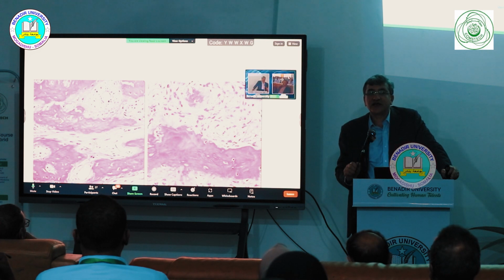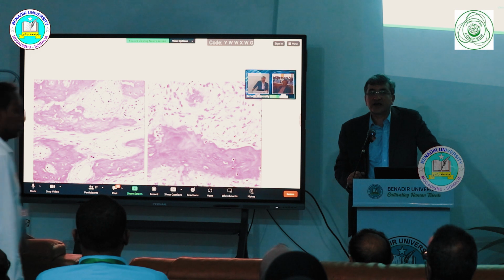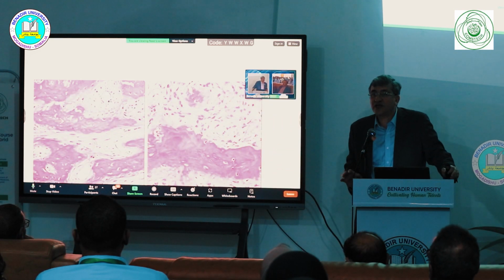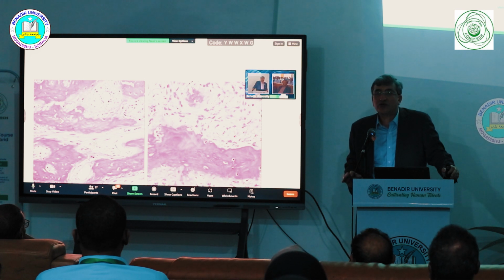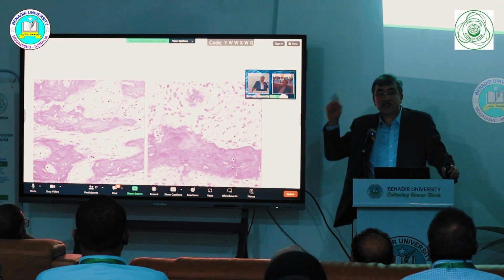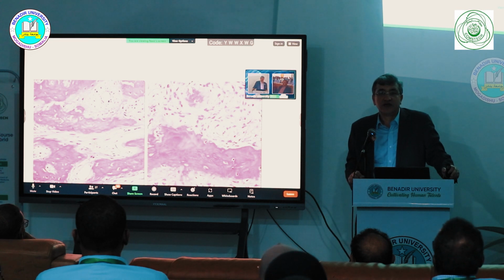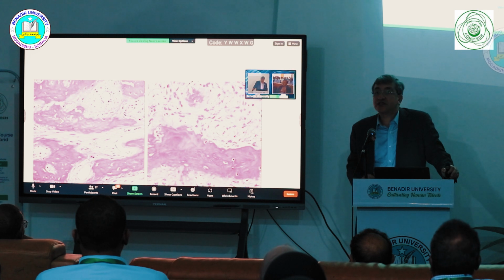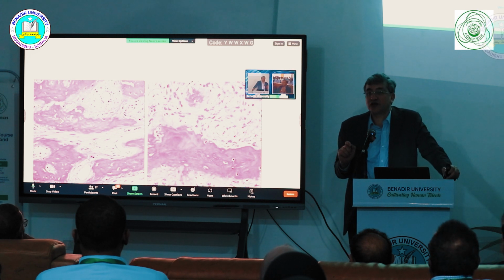So any idea? Benign or malignant, and if benign, what is the differential? If malignant, what is the differential? Chondromyxoid is arranged in lobules. So this is low-grade central osteosarcoma.